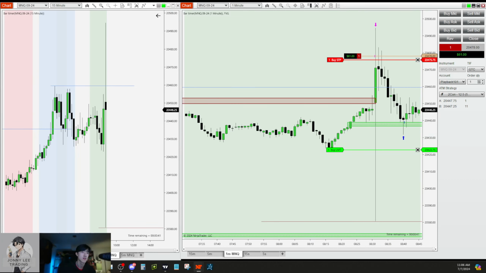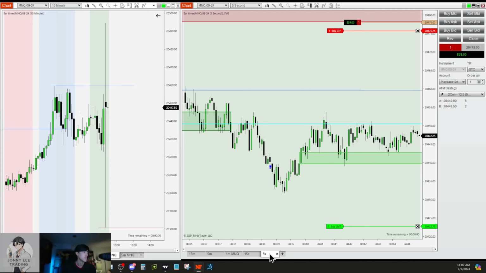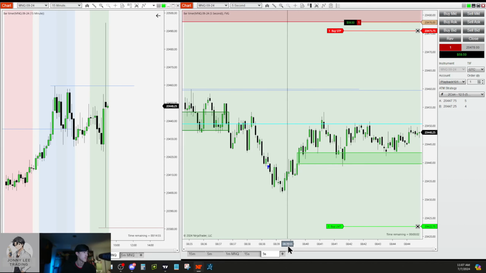What I could also do is speed up. So now I've 2x'd the speed of what candles are doing. I can even 3x and 4x it. So you should start seeing the candles move a lot faster, right?